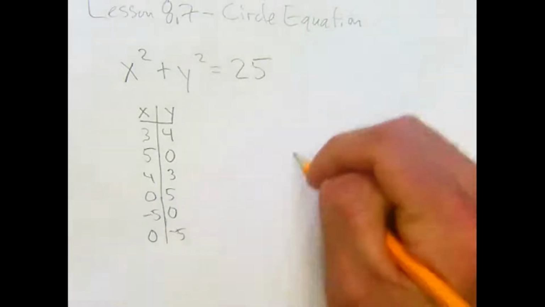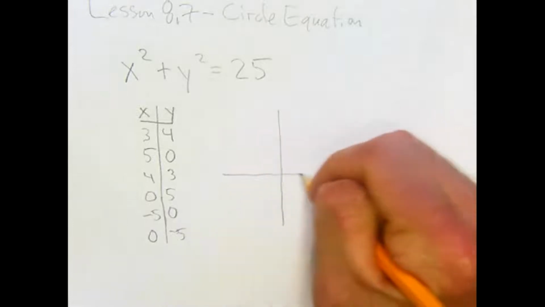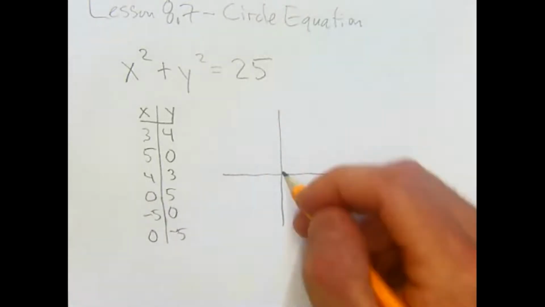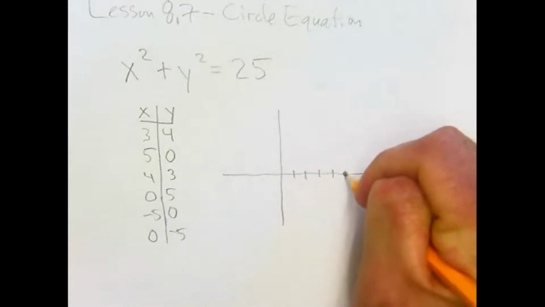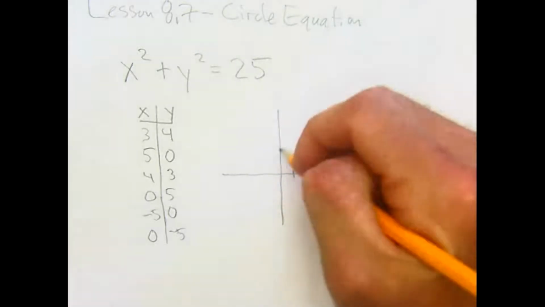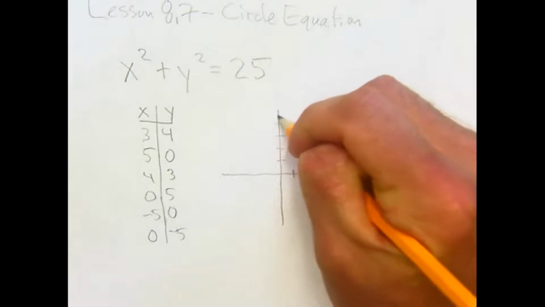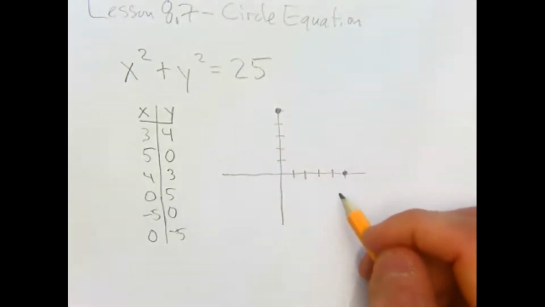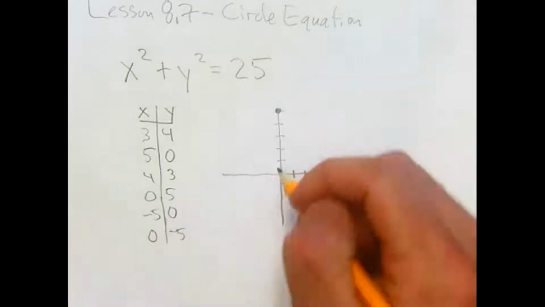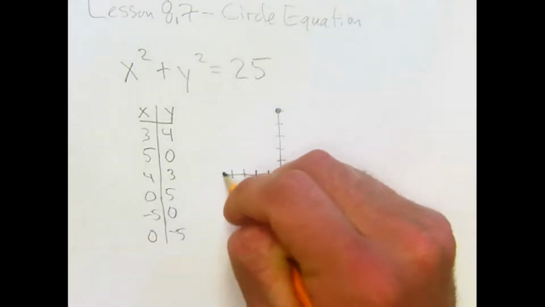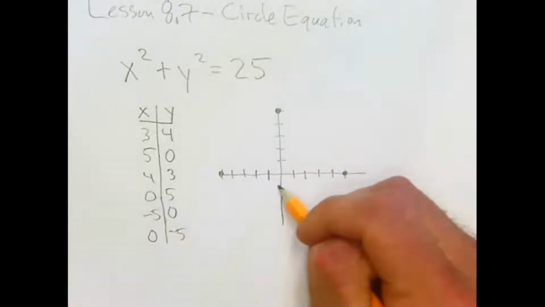Thank you. Okay, let's graph those out. I'm going to graph just the 5 ones. Those are easy to graph. So 5, 0; 0, 5; negative 5, 0; and 0, negative 5.